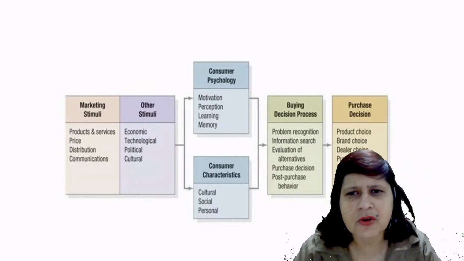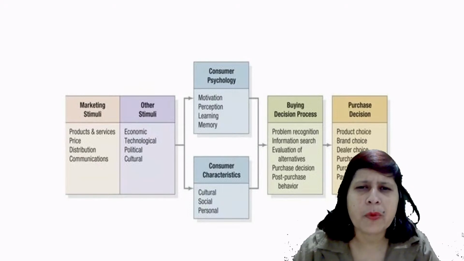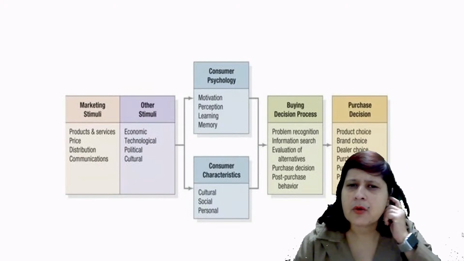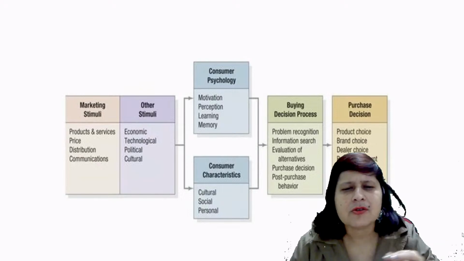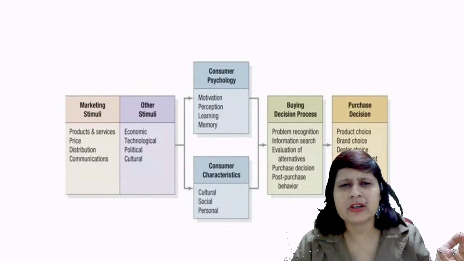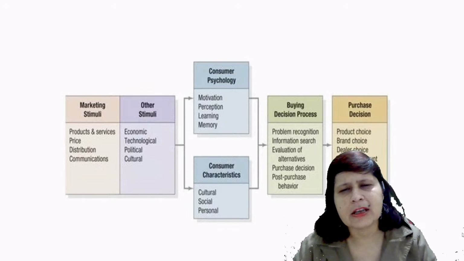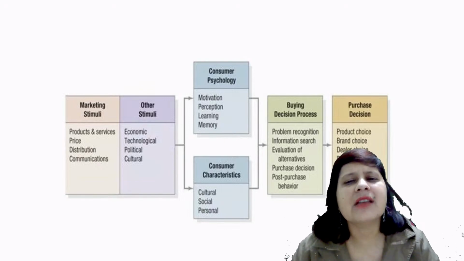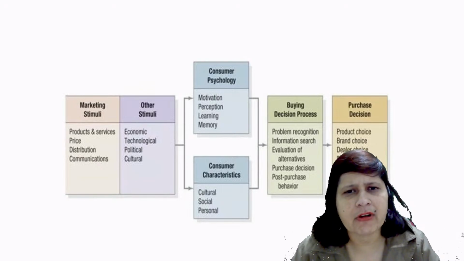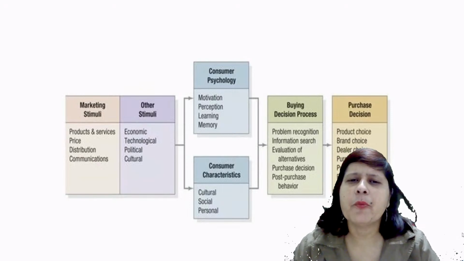On the basis of culture, people prefer to buy the product. Suppose you are offering something which is not acceptable in some culture, then people will not prefer to buy that, right? So culture plays an important role. And then society plays an important role. What is acceptable in society in general, people prefer to buy those things.